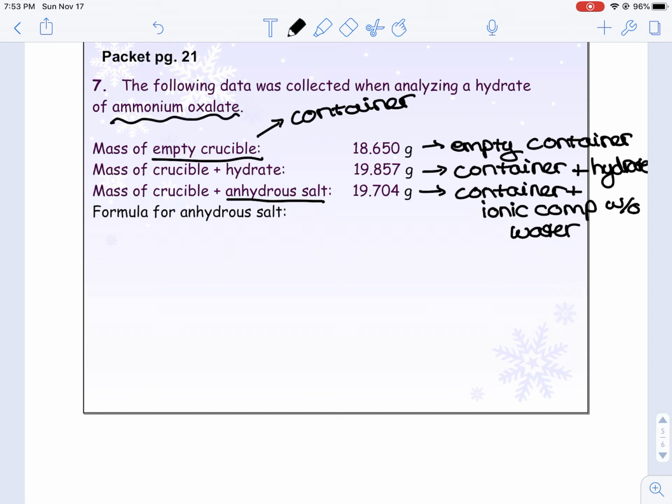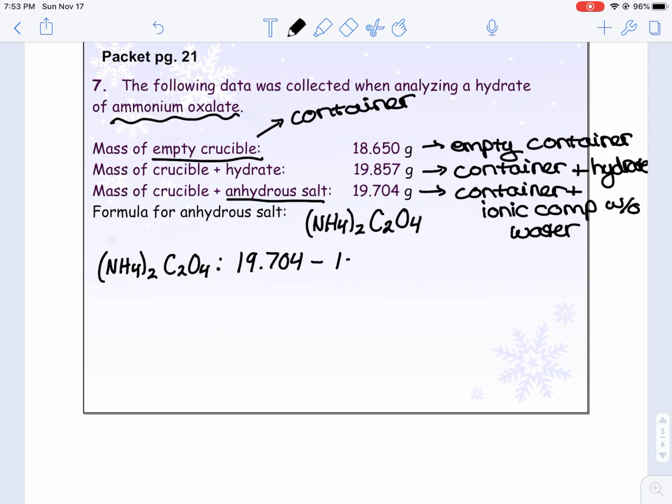Your ionic compound here is ammonium oxalate. So you're going to need to know what that formula is in order to figure out the molar mass so you can get the moles. Okay, so for the ammonium oxalate, if you take the mass of the crucible plus the anhydrous salt, because remember I want just the mass of the substance without the water for this piece, and you subtract from it the mass of the empty container, then that's going to give you the mass of the anhydrous salt that you're going to start with.